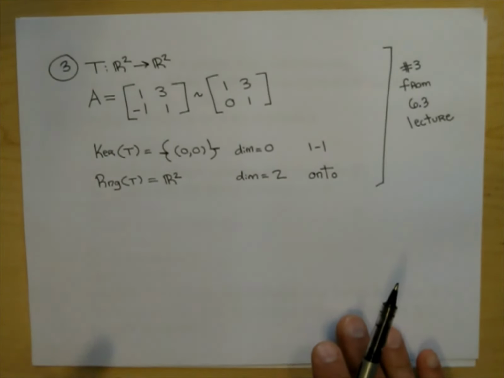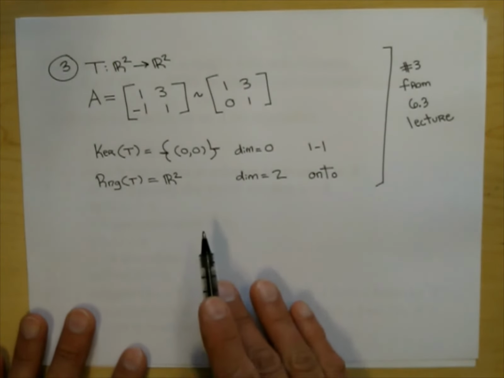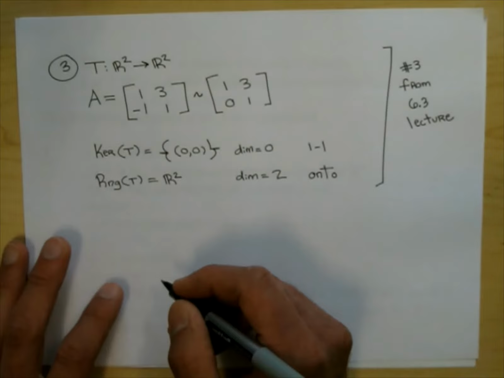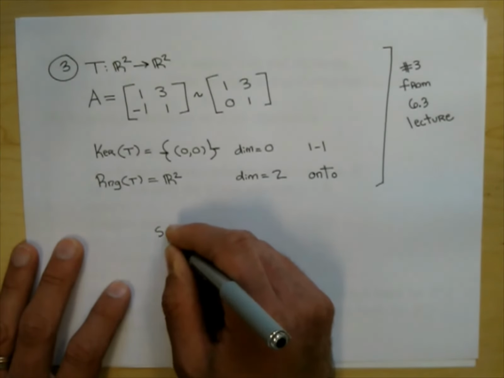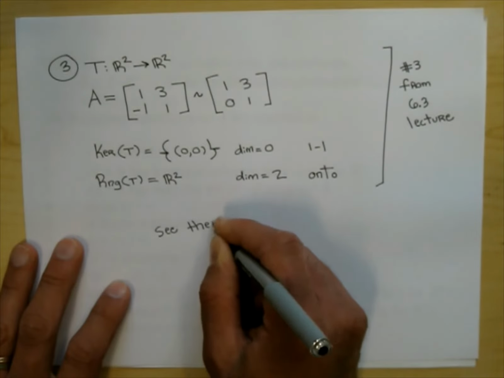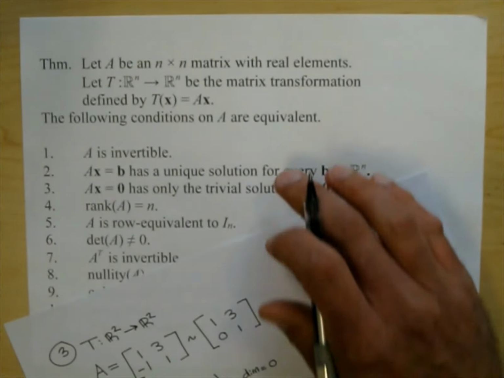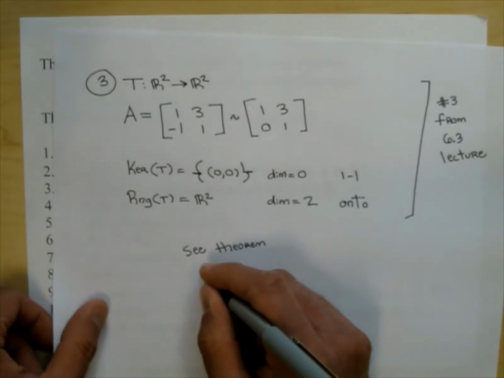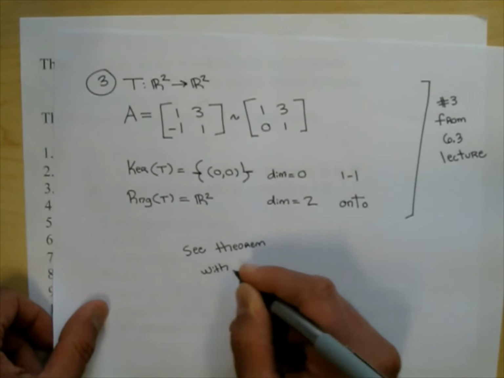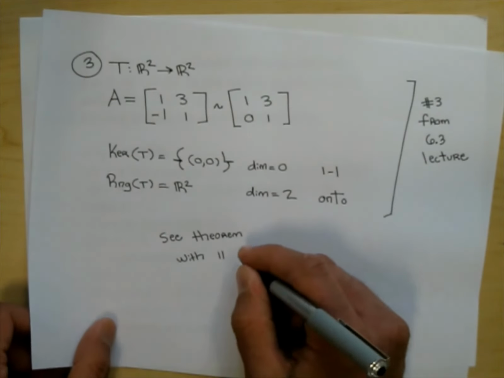And so what are we to do with this example? Nothing much. I'm just saying that this illustrates the theorem. Okay, so I'll just say C theorem. Which theorem is this? This is the invertible matrix theorem. I'll just say with 11 conditions.